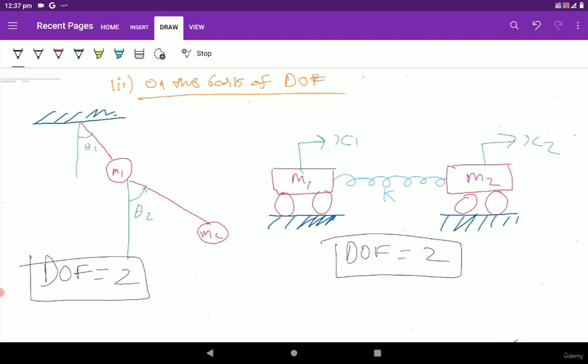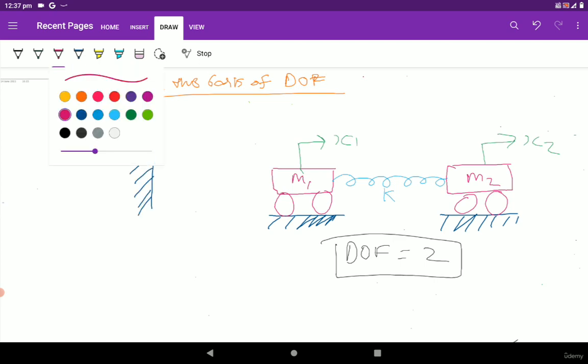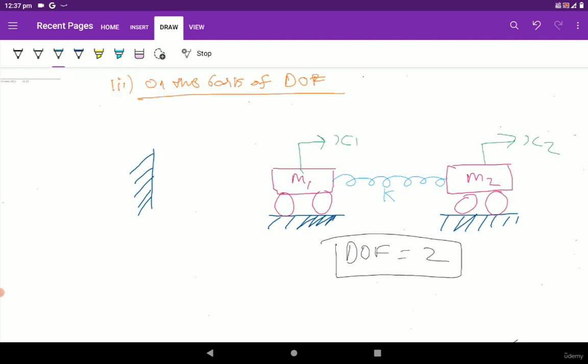Now suppose this mass m1 is attached to some external thing here, which has the spring constant k.